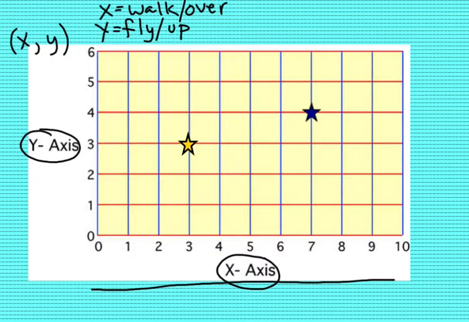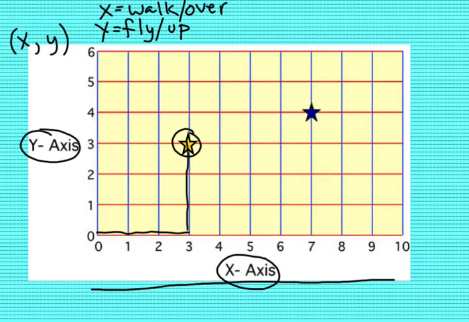So if we wanted to look at this first yellow star right here, we would first have to walk or go over from 0, 1, 2, 3, because I see the stars on that line, and then we'd go up 1, 2, 3 to get to the star.